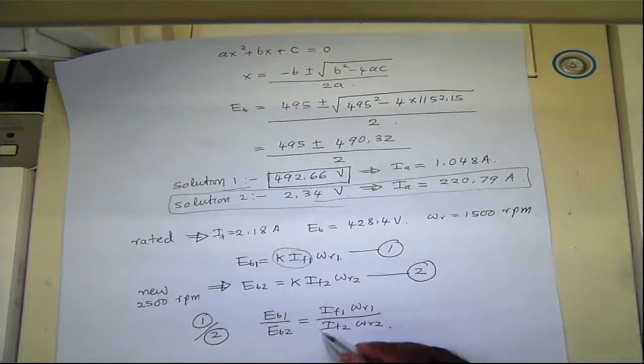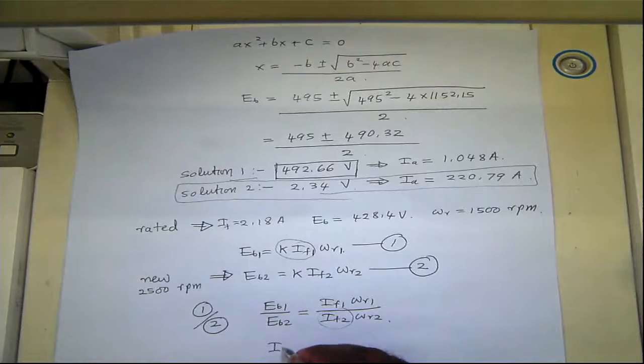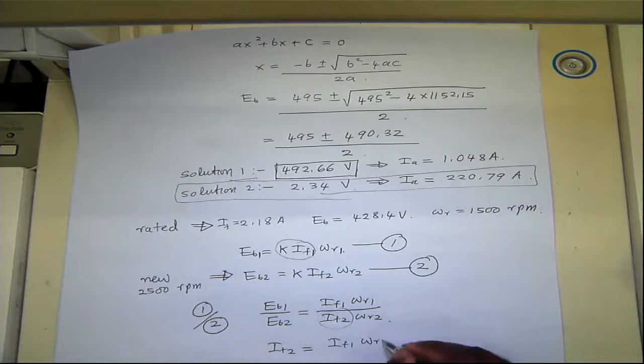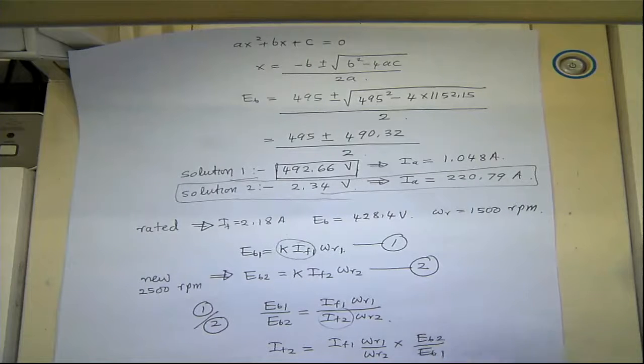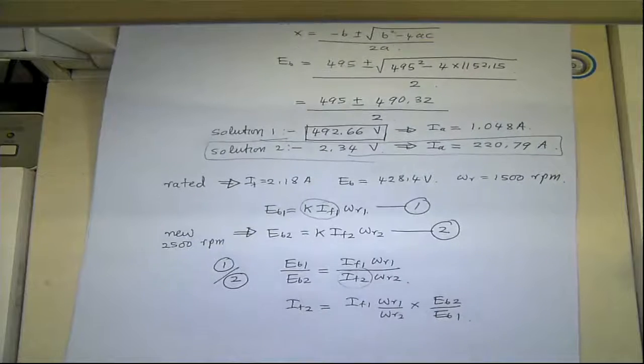So we want to find this value here. So IF2 will be IF1 omega R1 over omega R2 times EB2 divided by EB1. So this gives you the new field current.